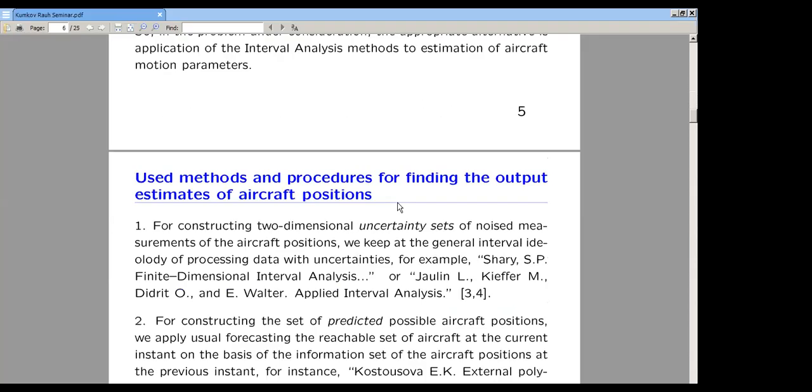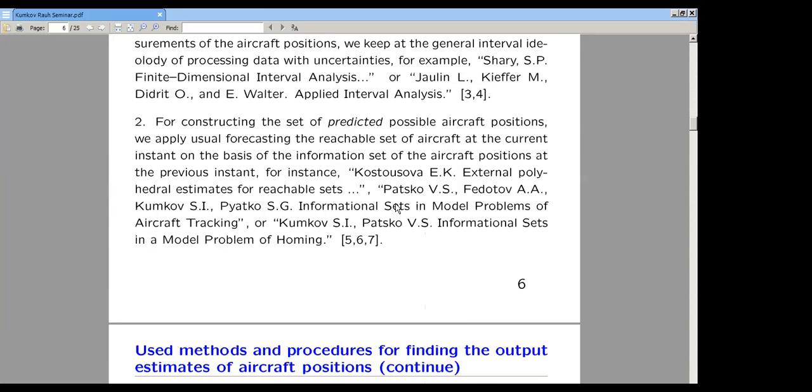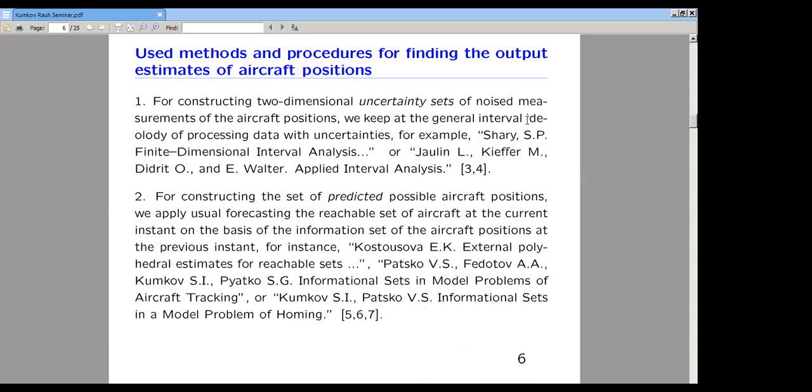It's very important. So we use the standard interval ideology of processing data with uncertainties. For example, in the marvelous book by Sergey Petrovich, and from the Ural book. It's very interesting.